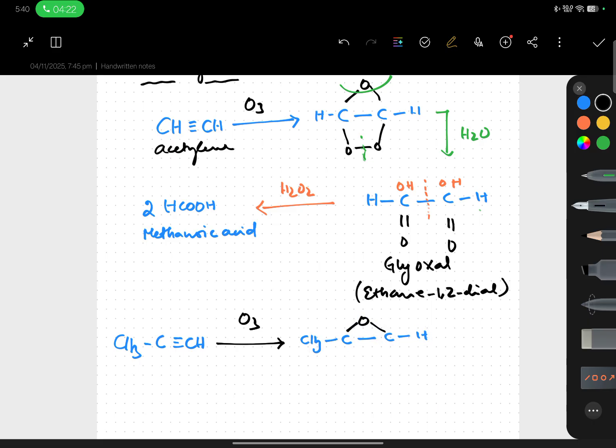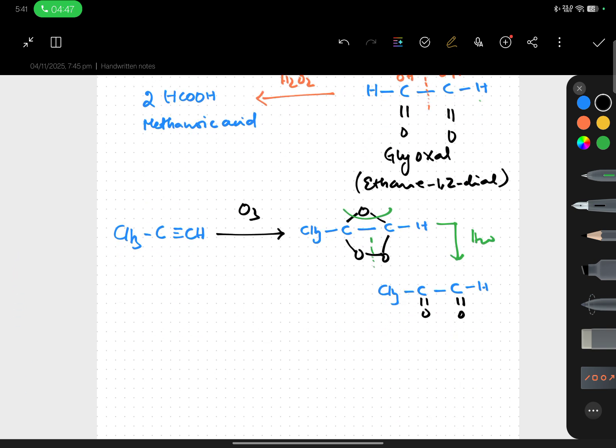As usual, the ozonoid will be formed like this. When you treat it with water molecule, this will go off and the bond here will break. So you'll get CH3C single bond CH, double bond O, double bond O.